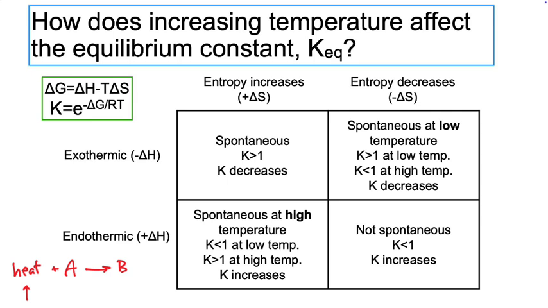Heat, in this case, is a reactant. What does our reaction do when we put in more reactants? Think Le Chatelier. I make more products. I shift away from that stressor. So changing the temperature can be used directly as a reactant if you're considering endothermic versus exothermic and that heat term in your chemical expression.